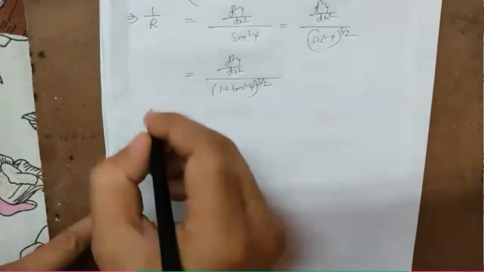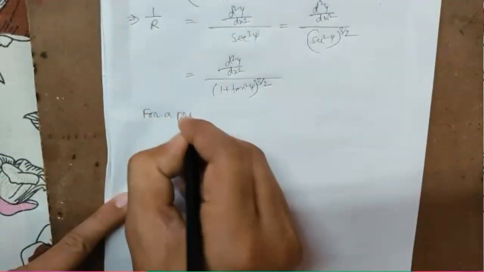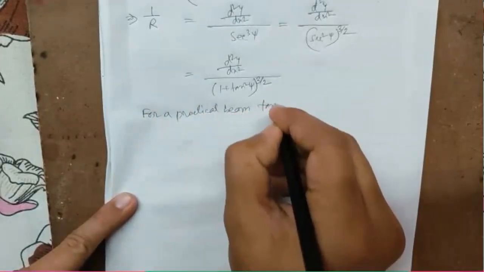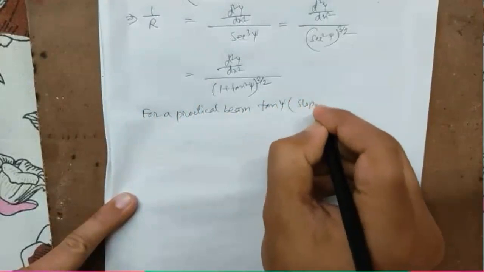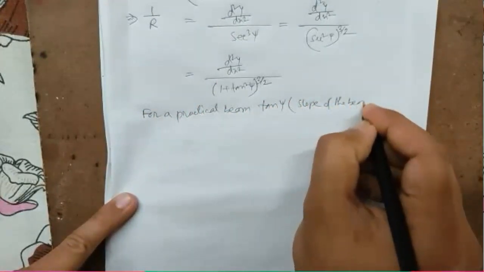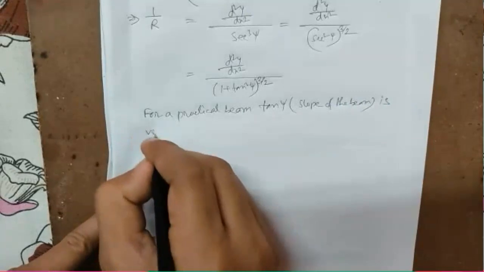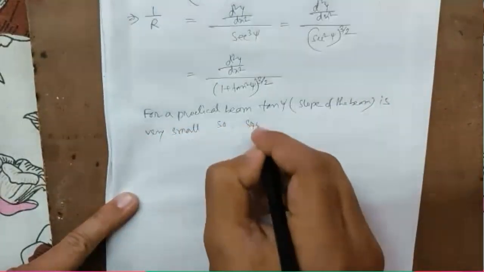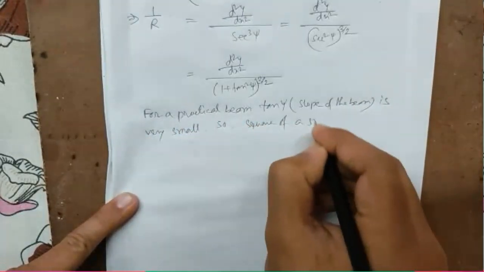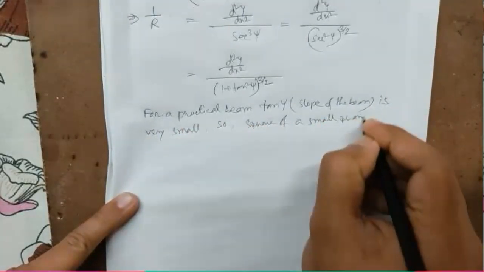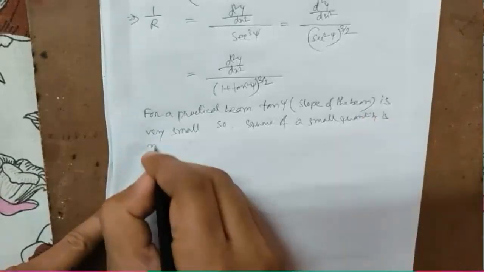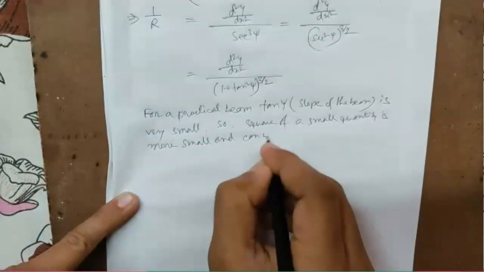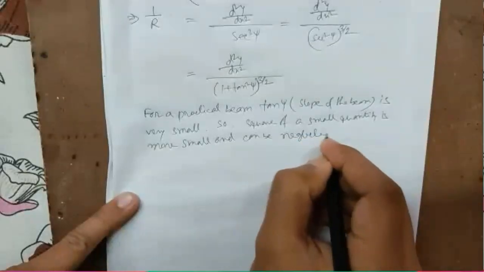So for a practical beam, tan psi, which is called the slope of the beam, is very small. So the square of a small quantity is even smaller, and can be neglected.